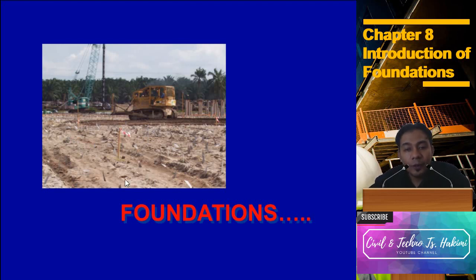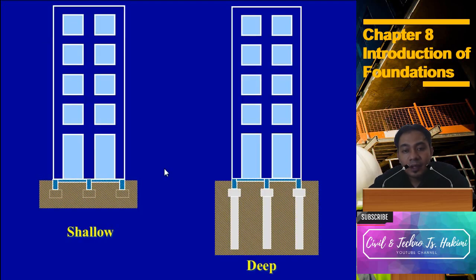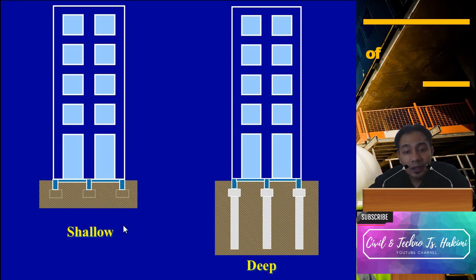We need to drain the water from the soil to treat it, to avoid excessive settlement. So we can treat it with prefabricated vertical drains. So this is shallow foundation.